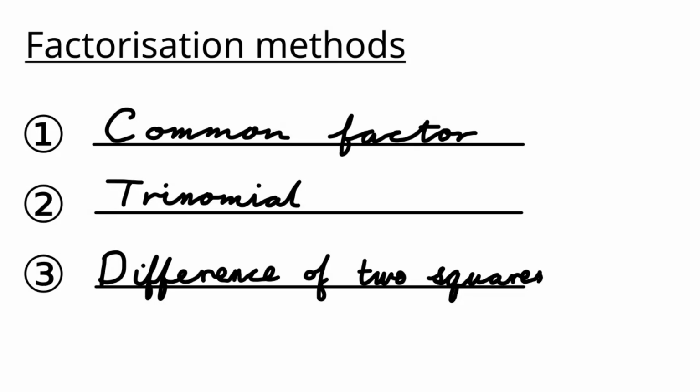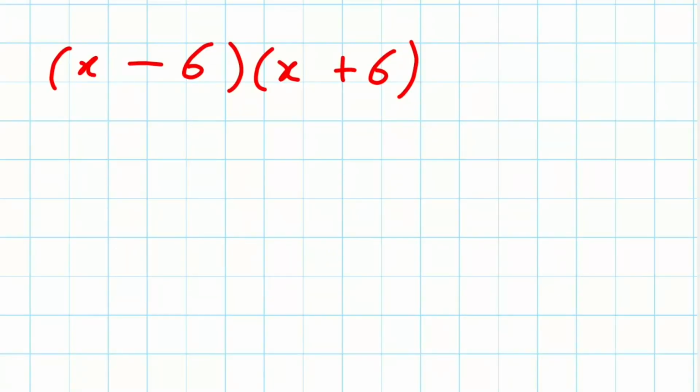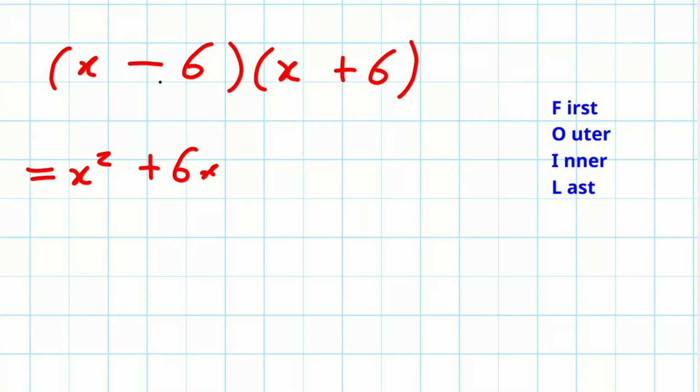Let's explain how we get x squared minus 36 from (x minus 6)(x plus 6). If we multiply out the brackets, x times x would give us x squared, x times plus 6 would give us plus 6x, minus 6 times x would give us minus 6x, and minus 6 times plus 6 would give us minus 36.